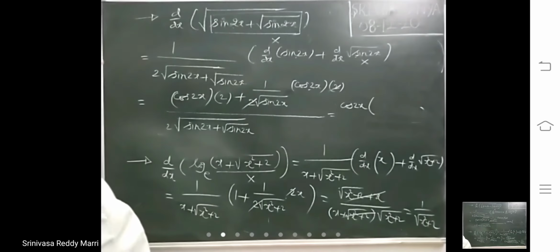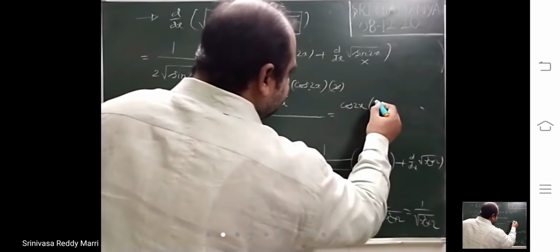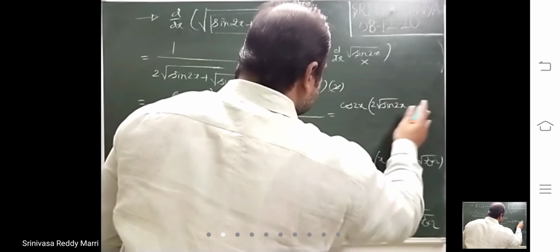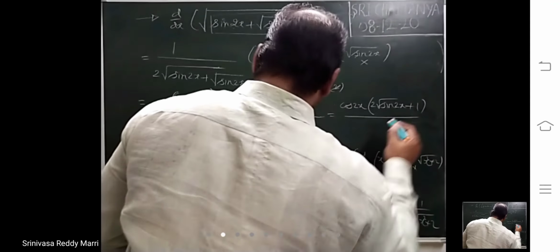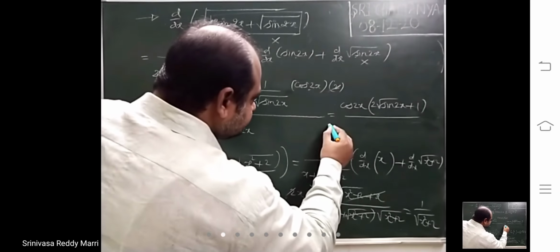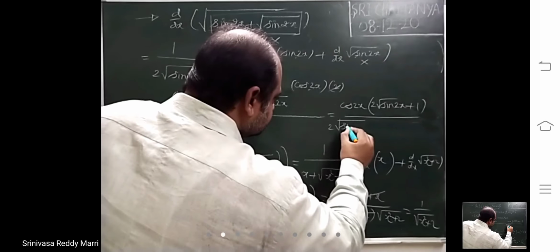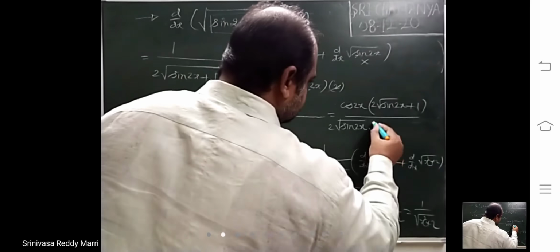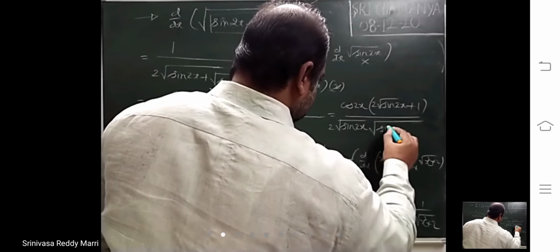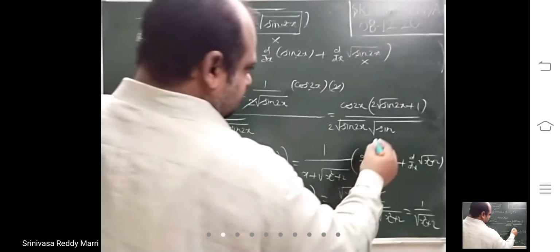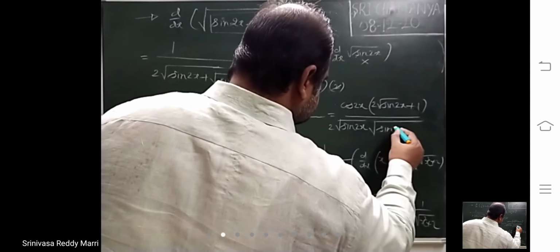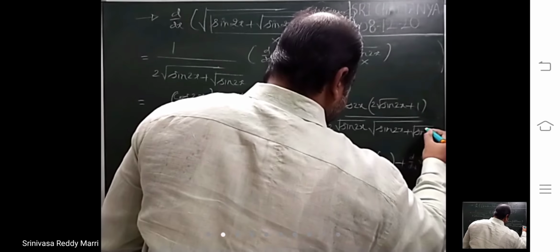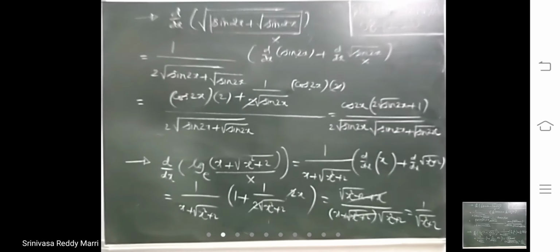Cos 2x I am taking common. You will get 2 root sine 2x plus 1 divided by 2 root sine 2x. This is the derivative.